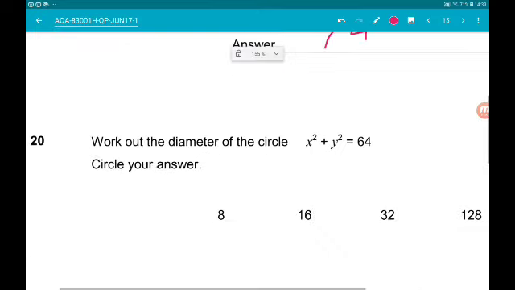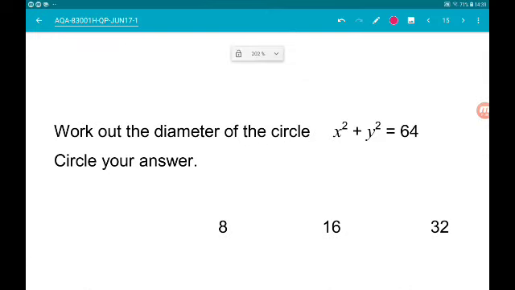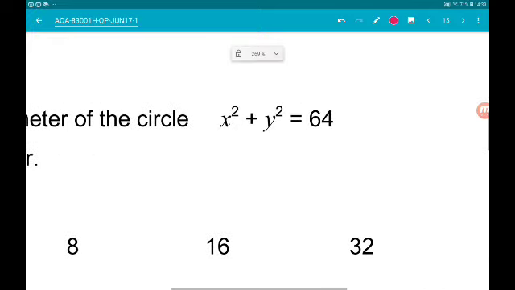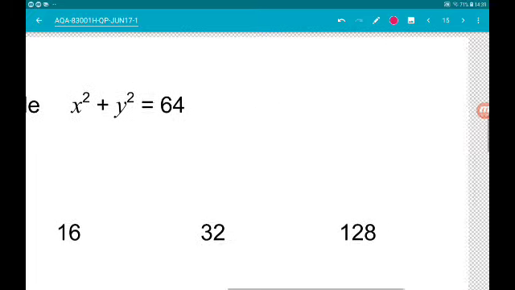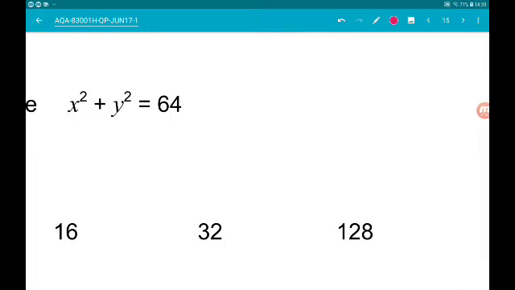Okay, question 20 wants us to work out the diameter of the circle x squared plus y squared is equal to 64. So, I've got plenty of stuff on equations of circles. In general, the equation of a circle centered at the origin is x squared plus y squared is equal to the radius squared.